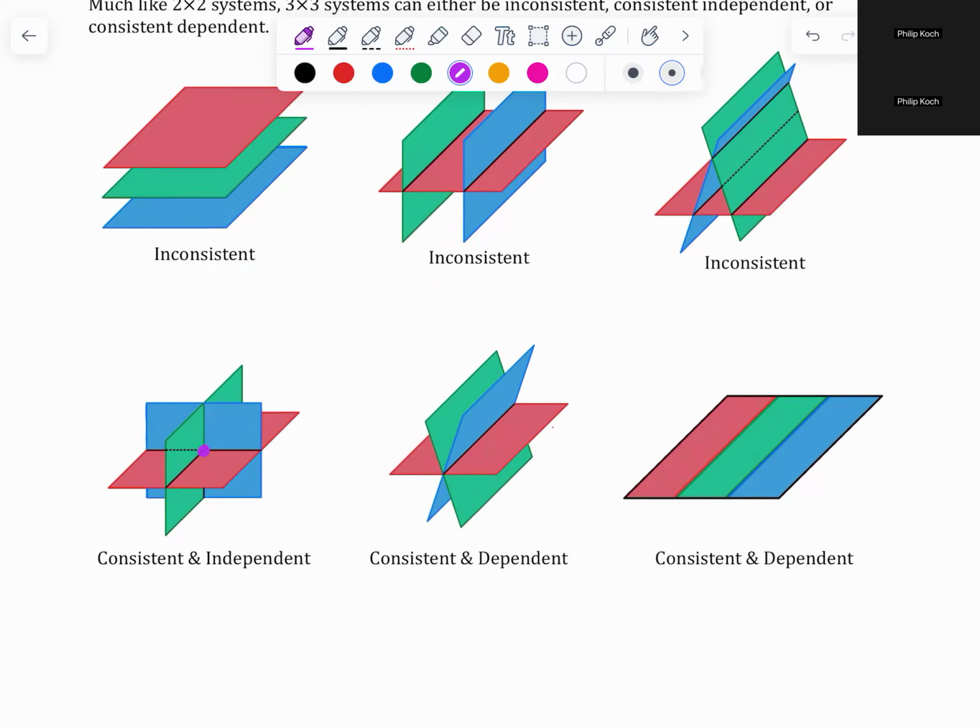So you call it orthogonal, but it doesn't necessarily have to be that way. It could be slanted, but either way. And then consistent dependent, that's the situation where you have infinitely many solutions. It could be that all of them are intersecting in a line, and that's the solution. Or it could be that all of them are the exact same plane, so that every point on this plane is a solution.